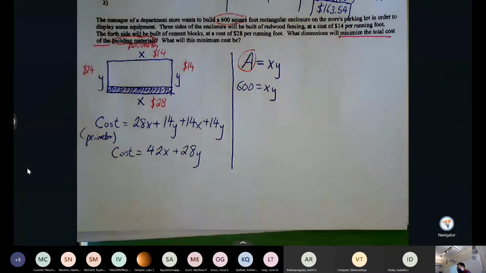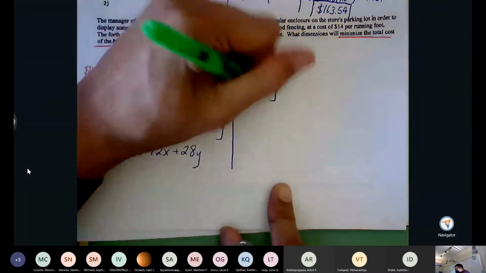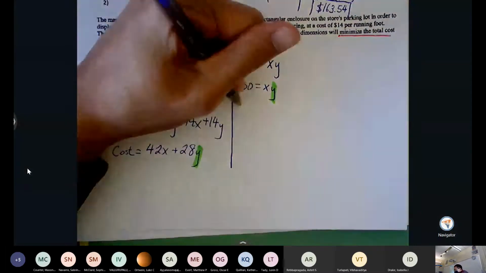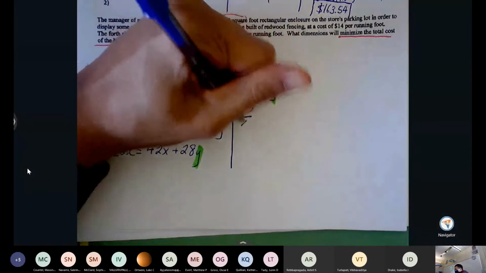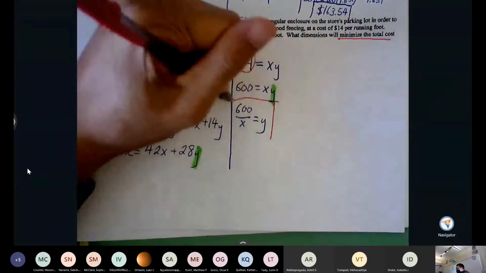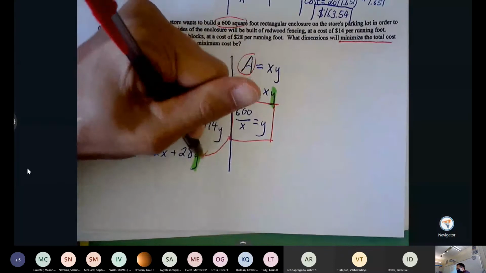I'm going to be working to try to get that y to be replaced. So this is what I'm going to be using to make my substitution.